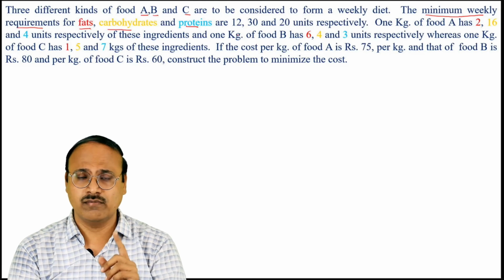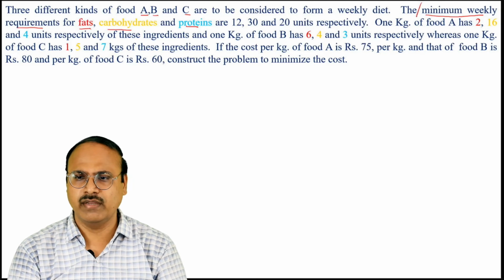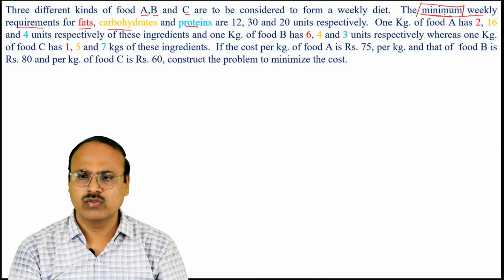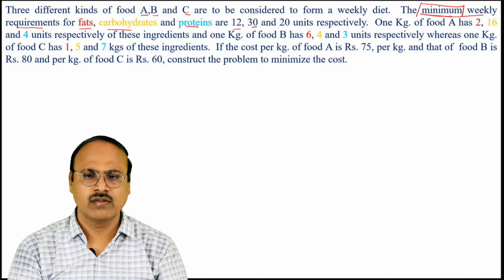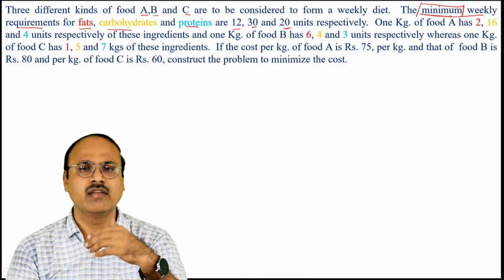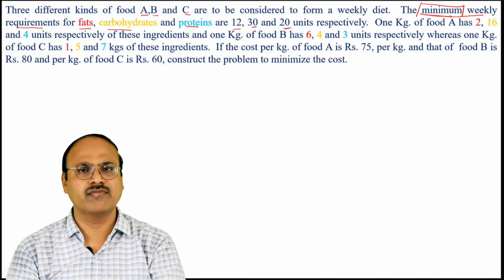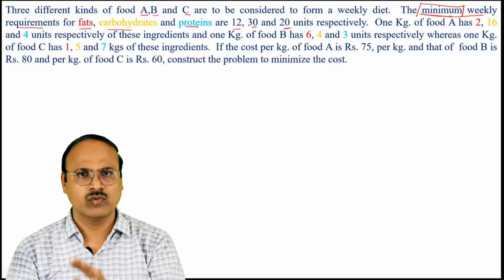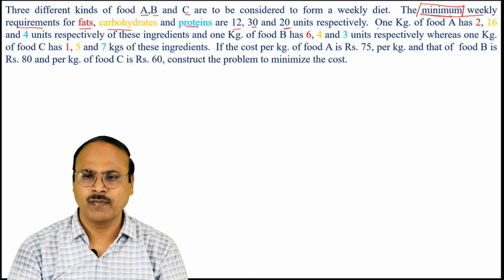Minimum, please remember this word, this is very important, minimum diet requirement. So minimum, you can have more than that. So minimum 12 units of fats, 30 units of carbohydrates and 20 units of proteins. So can you have, instead of 12, 13 units of fats? Yes, minimum. Okay, more than that is fine.